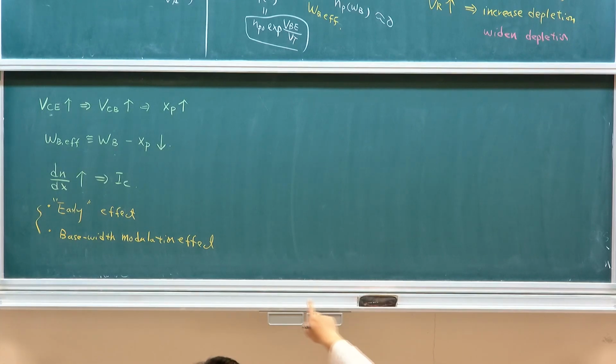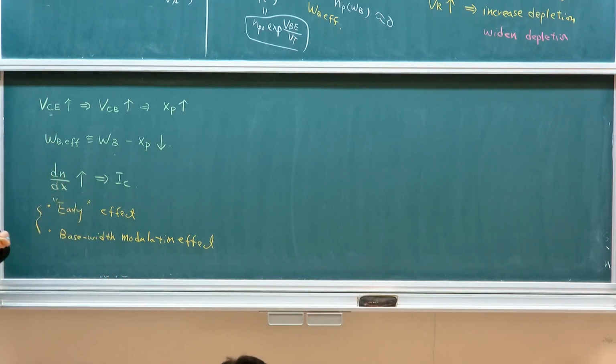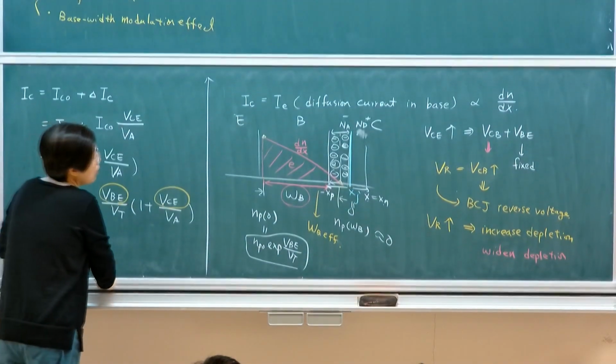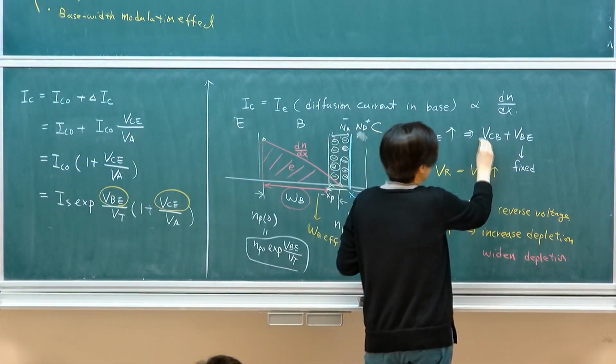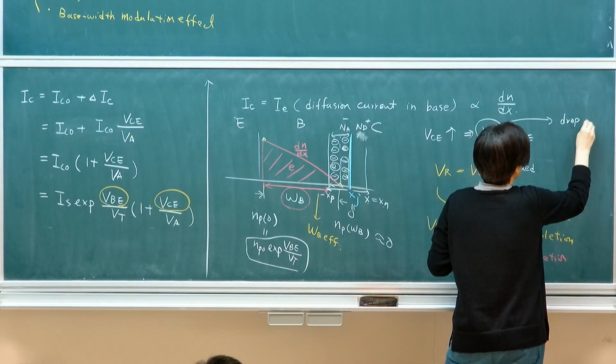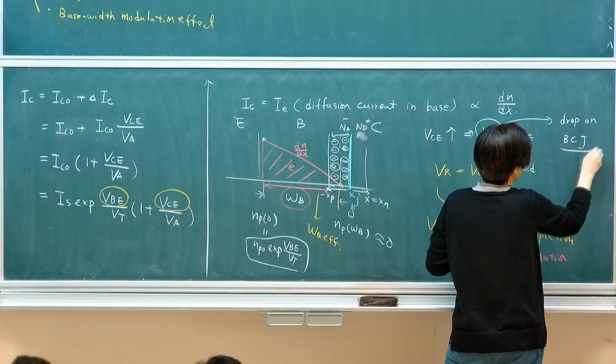Is it good? That is why, as I said, in the first order model, if I have a very, very wide base, I will see a flat line because any additional depletion, I don't actually see too much depletion. And the voltage drops on where? I'm trying to answer the question. The additional VCE, VCB, the reverse bias voltage drops on the BC junction.